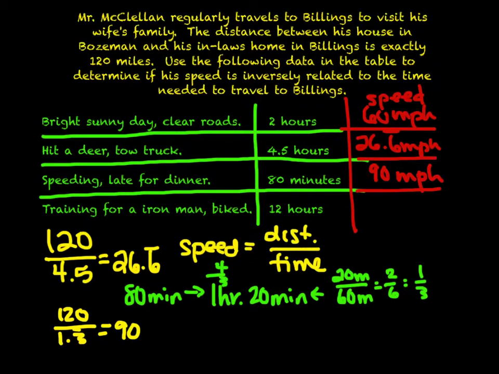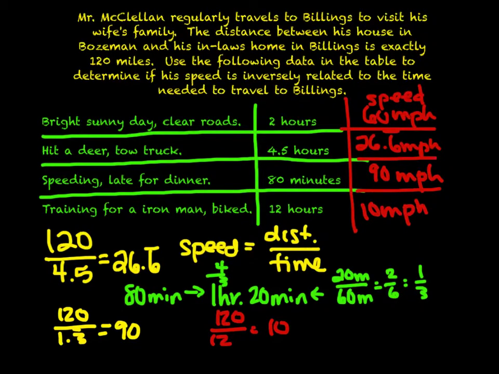He is lucky he didn't get pulled over by the cops. Then he was training for an Ironman and he biked. Hopefully there wasn't a headwind, but looking at the 12 hours and 120 miles, there probably was. But 120 divided by 12 gets us a solid 10 miles per hour.